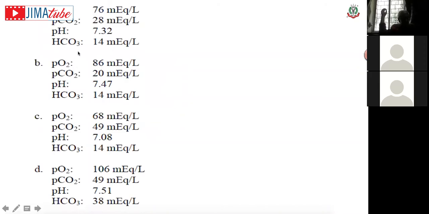Just again a quick thing, so let's see the first one. PCO2 28, pH 7.32, bicarb 14. So this is definitely a metabolic acidosis. pH is low, PCO2 is low. If it was pure metabolic acidosis, this should have been 32.